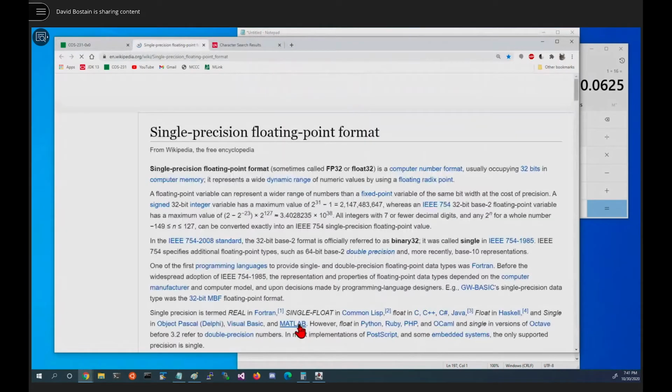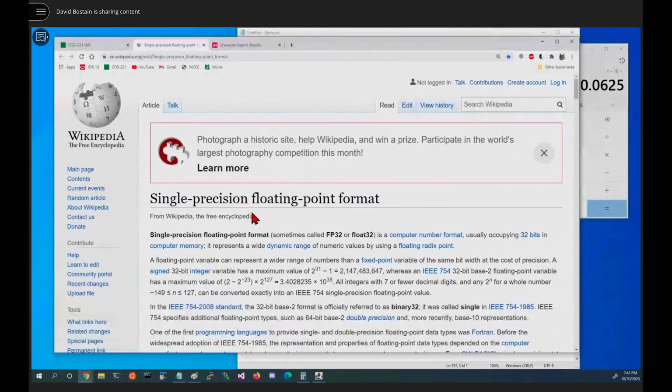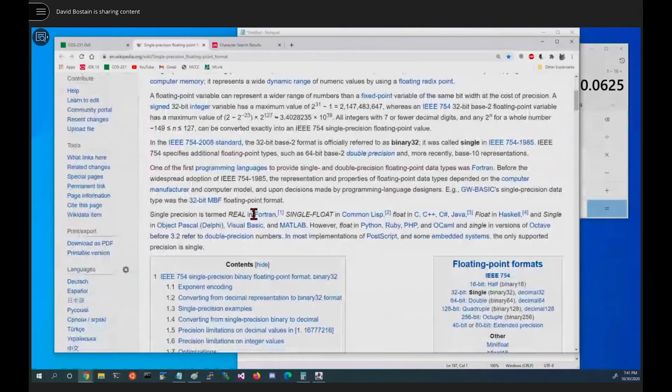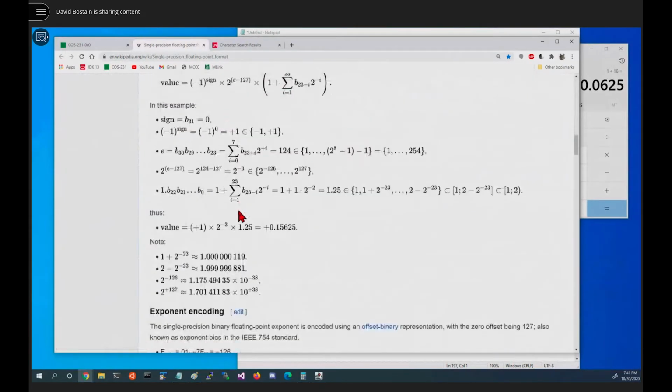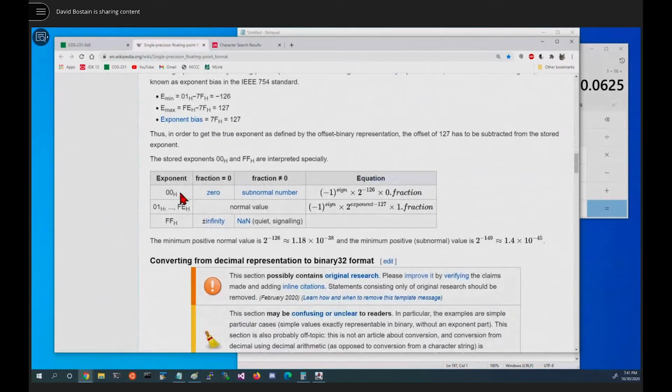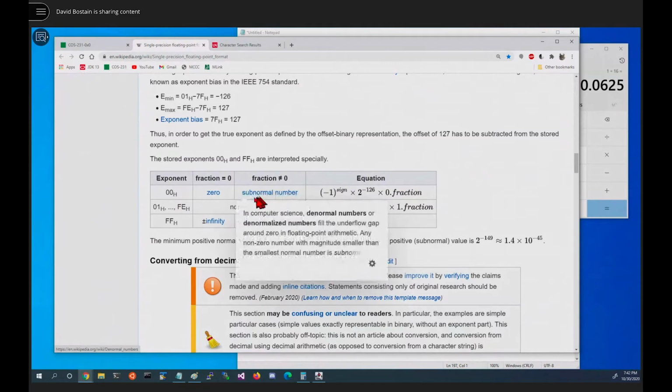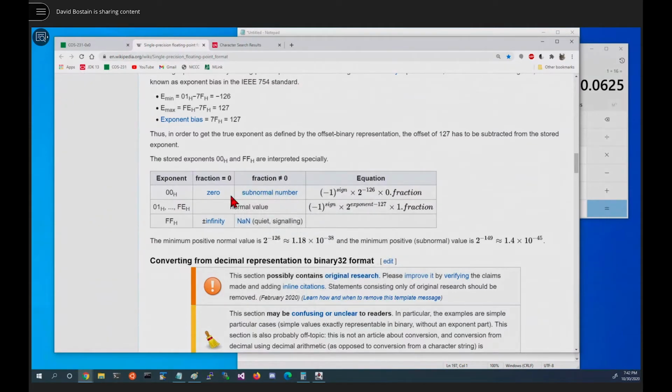I gave you the standard here for single precision. Not that you need it for the test, but if you did need it all of a sudden, this will tell you how many bits there are and where. And down here, there's a little table that's kind of nice. It says if the exponent is 0 and the fraction is 0, you have basically the number 0, right?